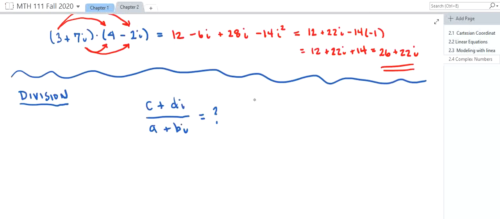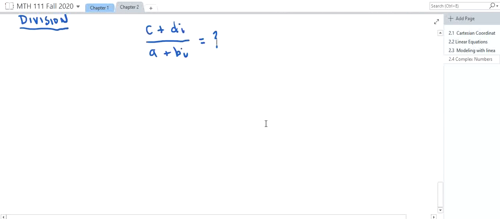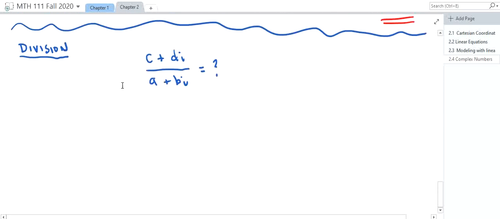Now what about division? Division is a little unusual. You can't quickly, even at a glance, divide a complex number by another complex number. We're going to have to do something special here. We have to somehow get rid of this complex number in the denominator and morph it into a real number, so that our denominator is a real number.